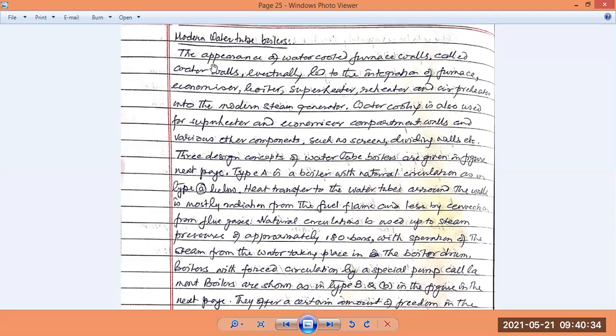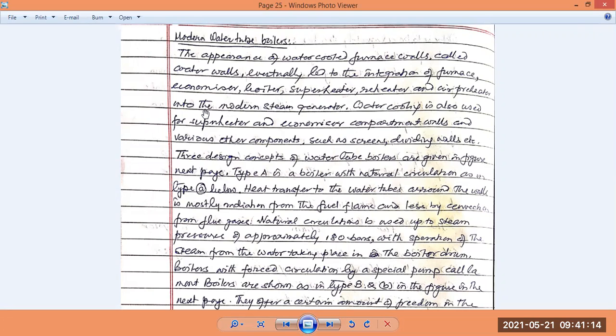This arrangement of water cooled furnace walls is called water walls. Everything led to the integration of furnace, economizer, boiler, superheater, reheater, and air preheater. The whole boiler system is supposed to be integrated with the furnace, economizer, boiler, superheater, reheater, and air preheater.